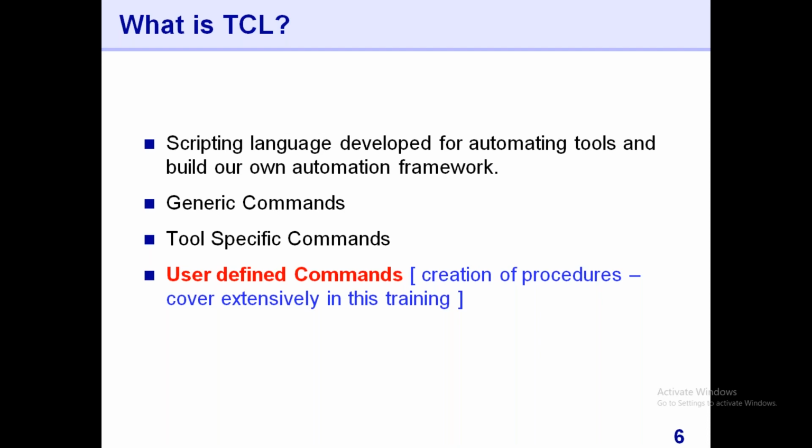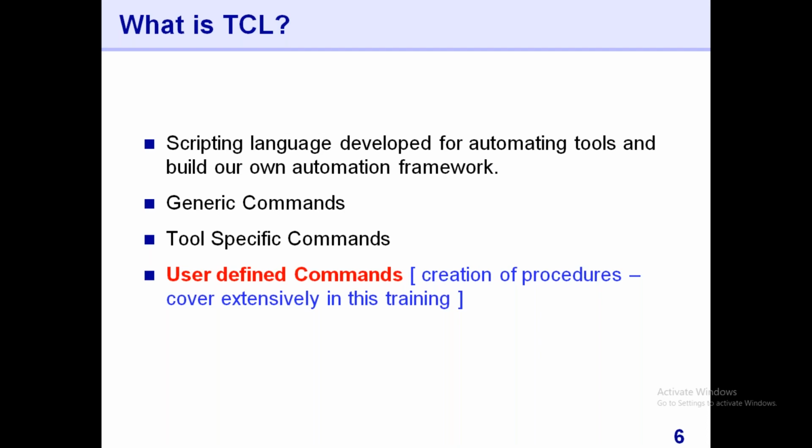Generic Tcl commands: if you take the basic string commands or foreach, if else, these are very generic Tcl commands. We can execute these commands in any platform, either in ICC2, ICC1, PrimeTime, DFT Compiler. Any Tcl interpreter can execute these commands.